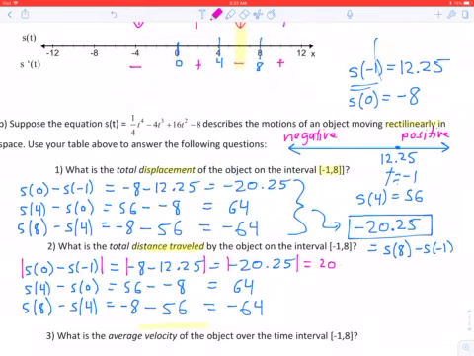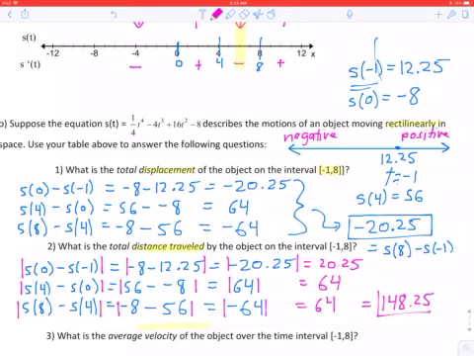So that means it's 20.25 here. Each is going to become positive motion. Now, of course, 64 is already positive motion, but the point is that every leg is positive motion. So I'm putting absolute value signs around everything. So this is the total distance traveled, and it comes out to 148.25, at least by my reckoning.